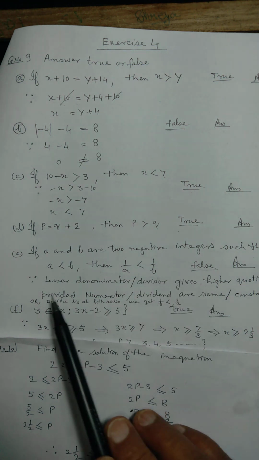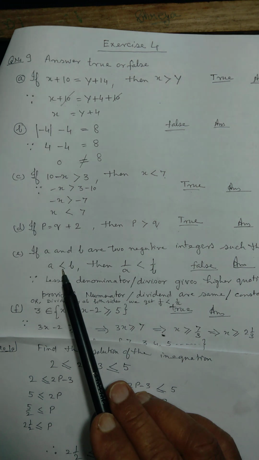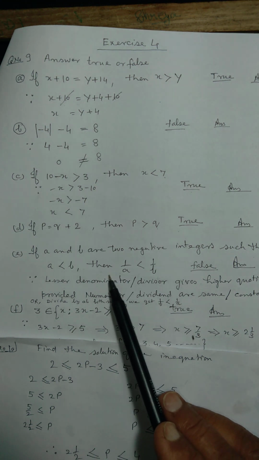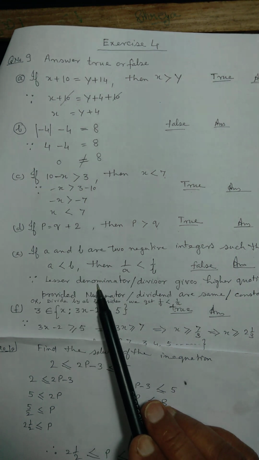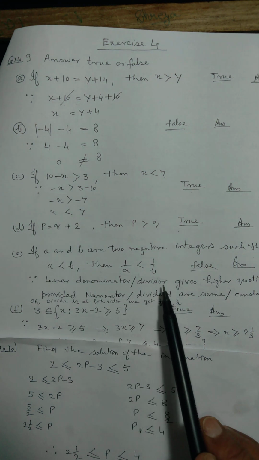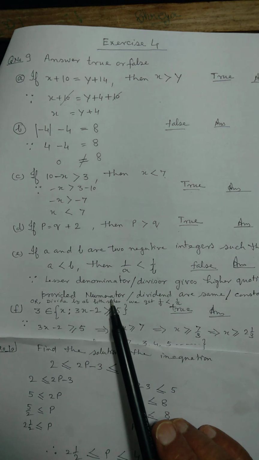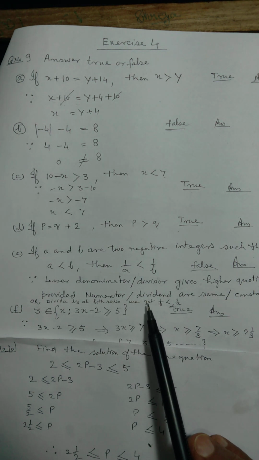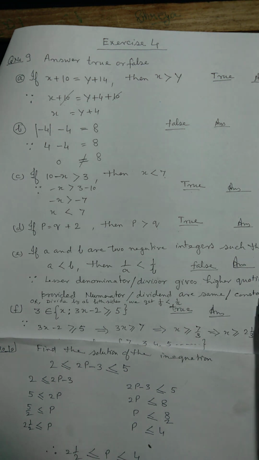That is false. You see, secondly, here A is less than B. So 1 upon A means the quotient. Here you see the lesser denominator, or divisor, gives a higher quotient, provided the numerator or dividend is the same or constant.